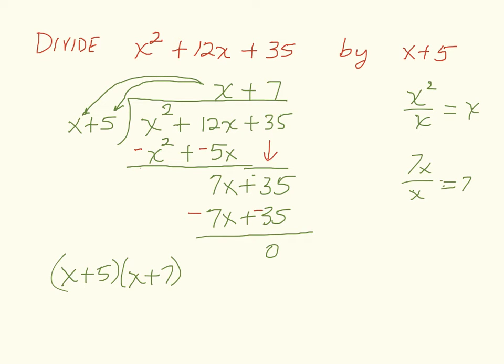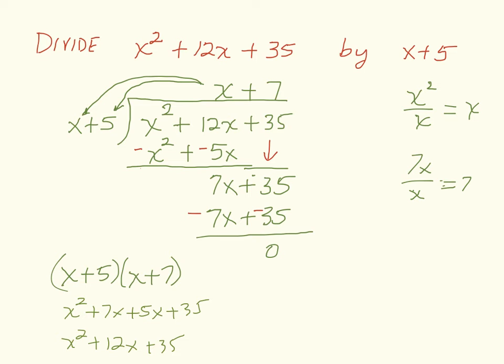Check it by multiplying, so FOIL it right quick. x times x is x squared. x times 7 is 7x. 5 times x is 5x. And 5 times 7 is 35. So we get x squared plus 12x plus 35. So we multiplied it and we've got the exact same thing that we had under our division bar.